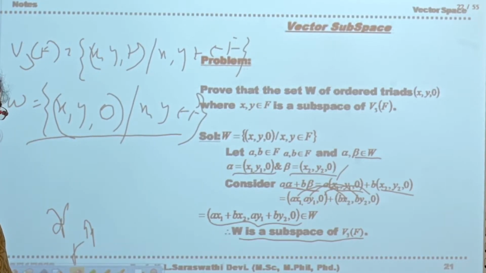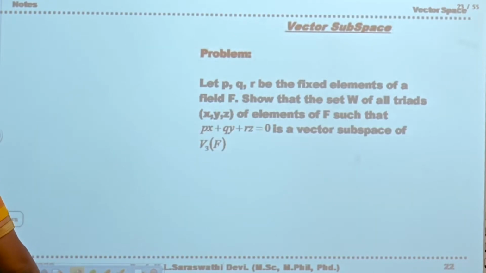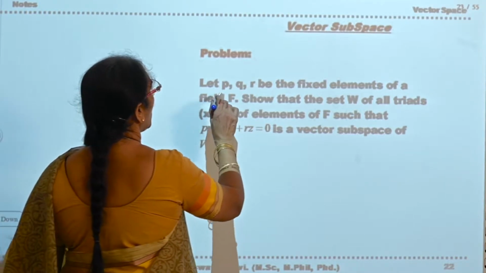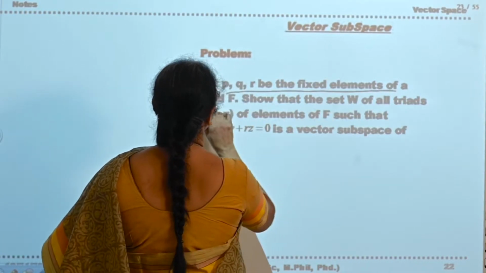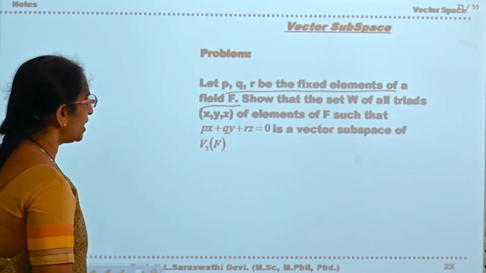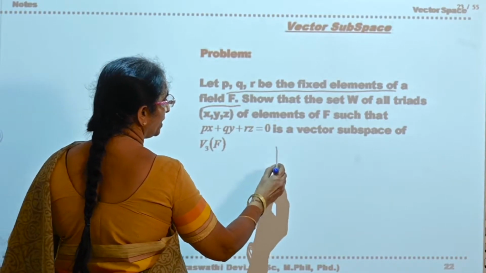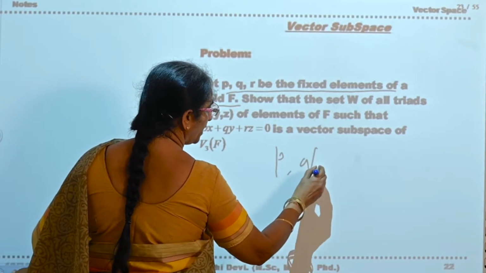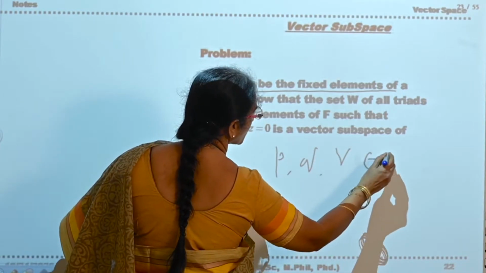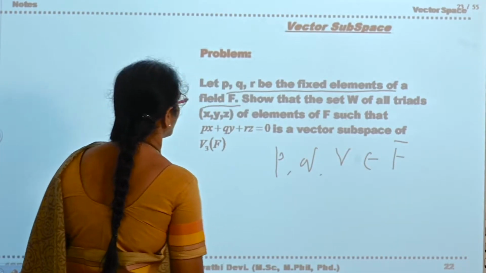Now is it okay? Now we will move to the second problem. What is the second problem? See here. Let p, q, r be fixed elements of a field F. That is, p, q and r belong to F. They are fixed.